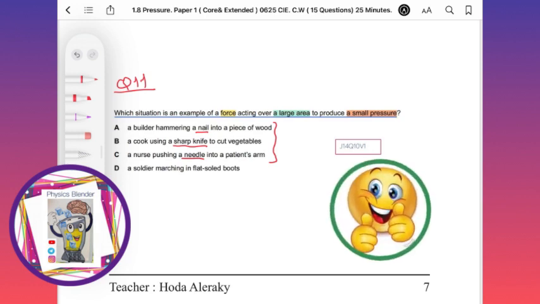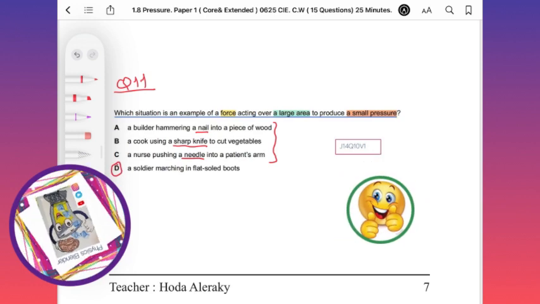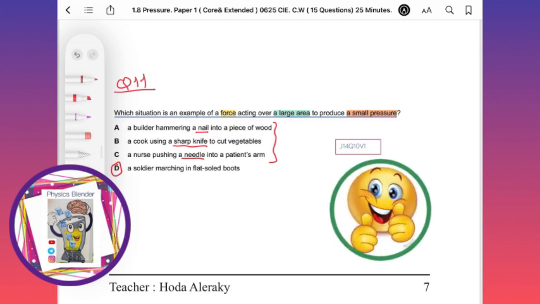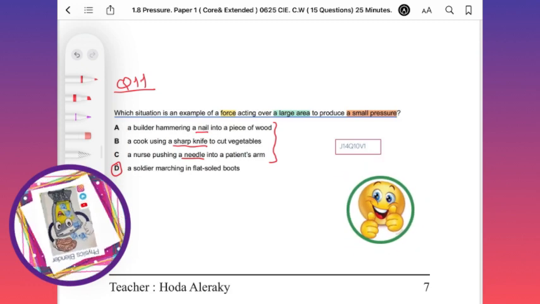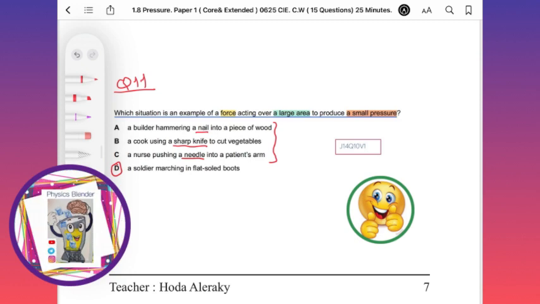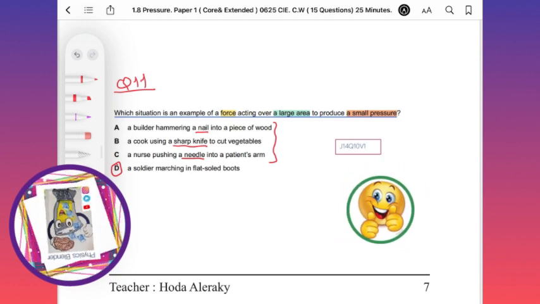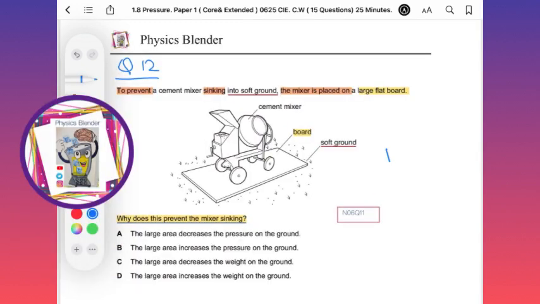So the correct answer here is a soldier marching in flat-soled boots. Here you have boots, they have large area, so small pressure will be produced. According to our equation, pressure is equal to force divided by area. Force here is constant, which is the weight of the man.